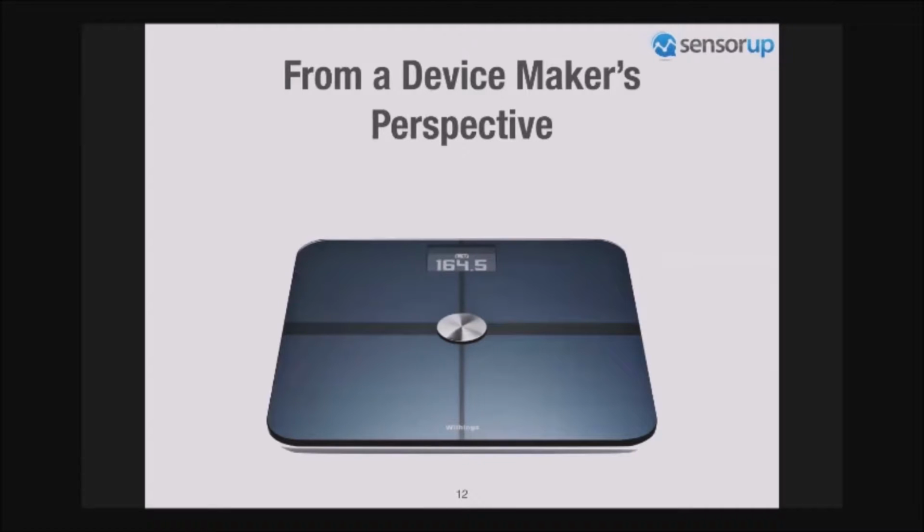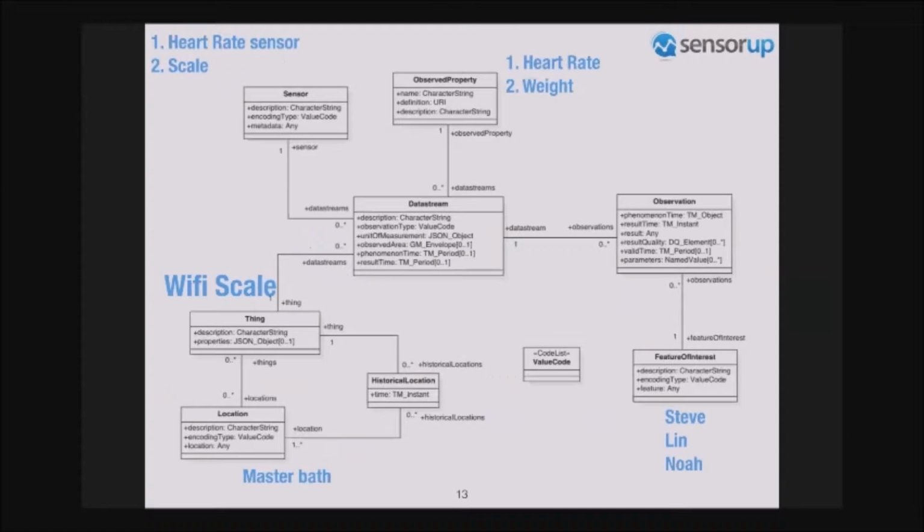Okay, use cases. Let's say from a device maker's perspective, this is a Wi-Fi connected scale. If I make this scale, how can I use SensorThings API as my IoT device platform? What's the thing? First step, what is the thing? It is a Wi-Fi scale.